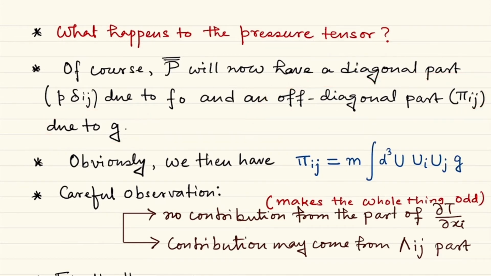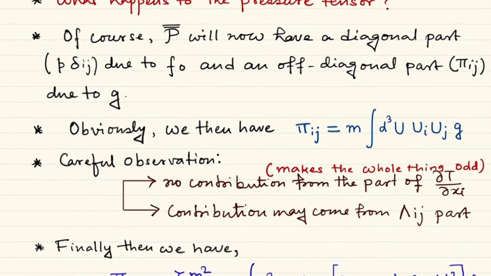Obviously we can now write that pi ij, that is just due to g, can be written like this: m integration d^3u ui uj times g. That is the definition.